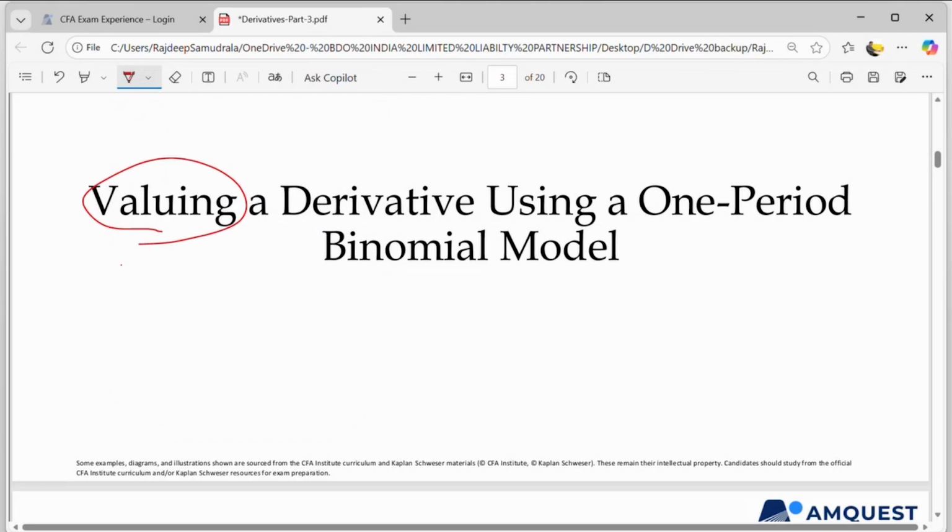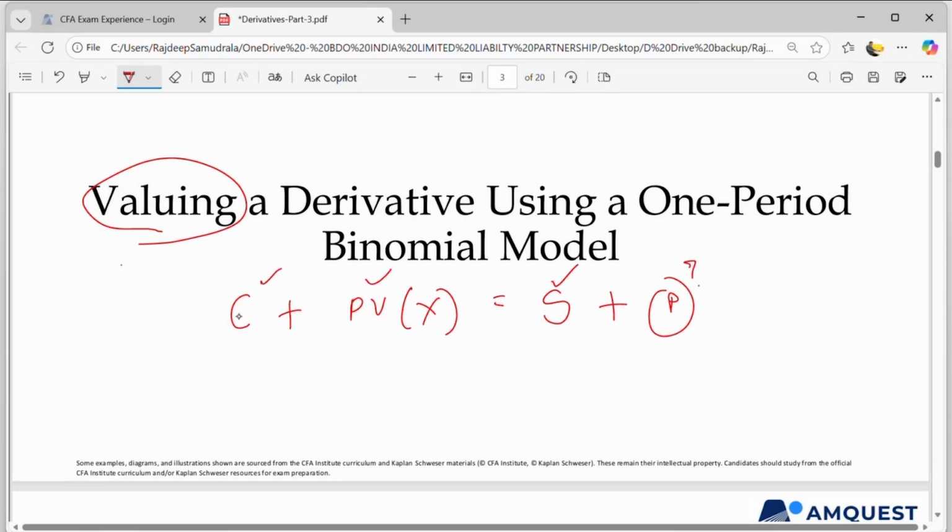If you remember, yesterday I taught you call put parity, right? The call put parity I taught you yesterday was a very useful parity model that helps you to value a call or a put, by reference to the actual value of a call, a PV of X, and a stock, and you can find the missing number. The missing number could be this, and I give you this, this, and this.